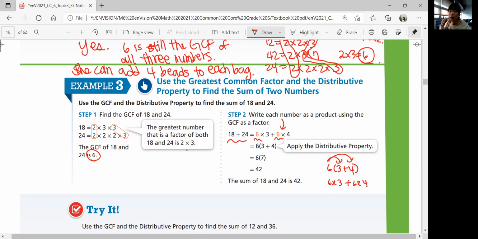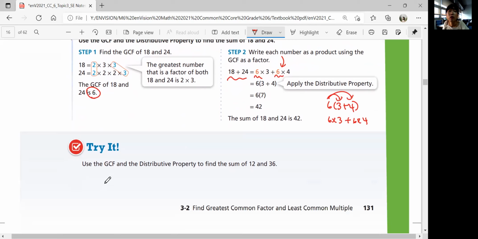So we're thinking backwards into distributive property. And so 3 plus 4 is 7, so 6 times 7 is 42. 18 plus 24 is 42. So if you get used to this process, it will help you solve for the sums of greater numbers, bigger numbers, faster. The sum of 18 and 24 is 42.